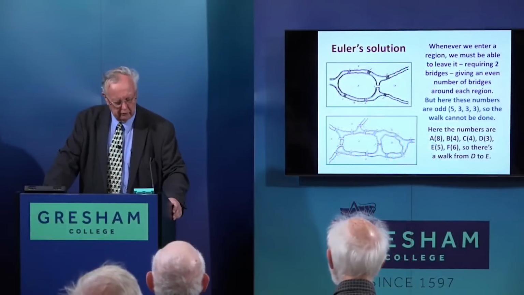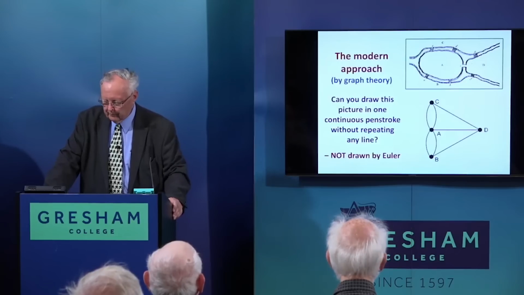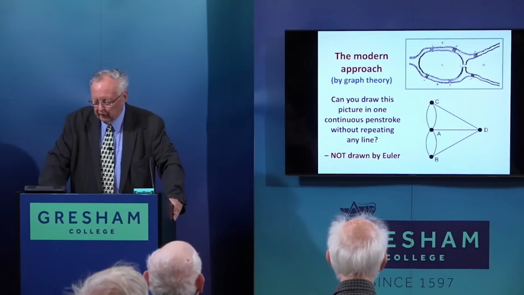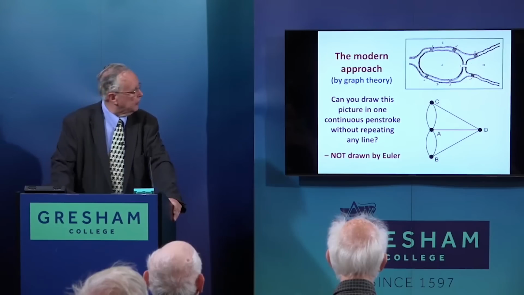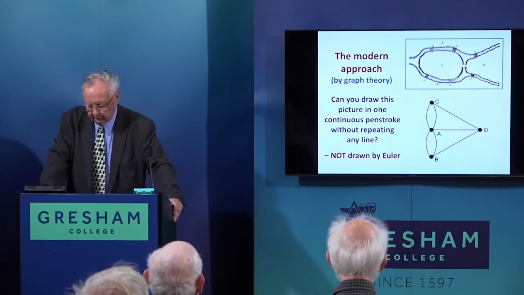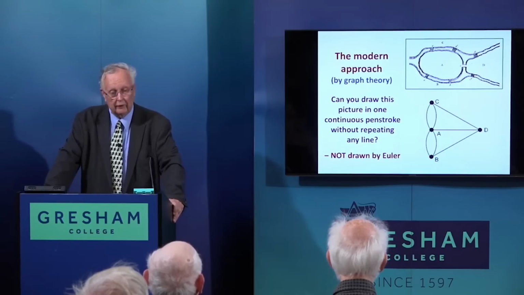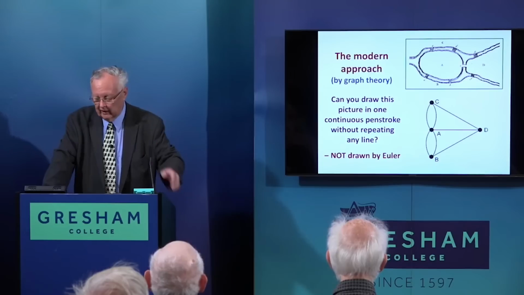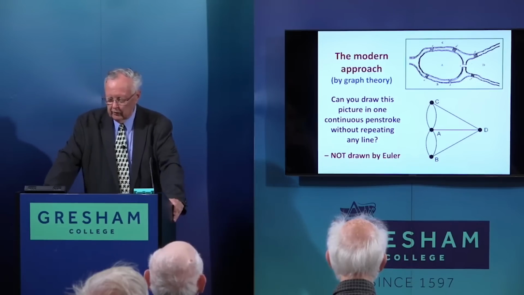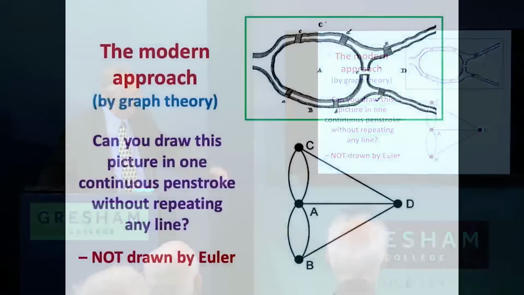Well, what has all this to do with graphs? Well, the way we solve such problems now is to draw a graph whose vertices correspond to the regions, whose edges correspond to the bridges, and where the number of bridges around a region becomes the degree of the corresponding vertex. And so you get the picture down below.